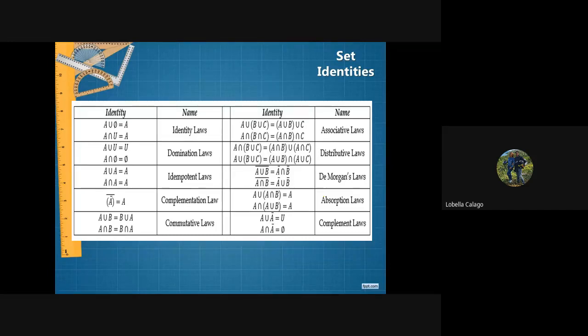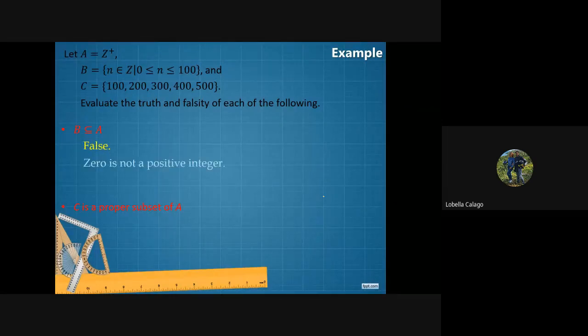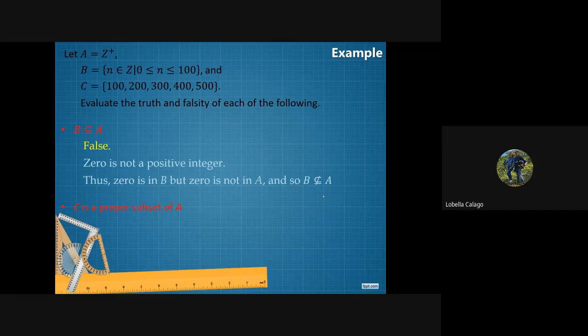Okay, next. So, we have here an example. How we'll know that B is a subset of A? So, B is not a subset of A. O yan, 0 is not a positive integer. 0 is in B, but 0 is not in A, and so B is not a subset of A. Is C a proper subset of A?